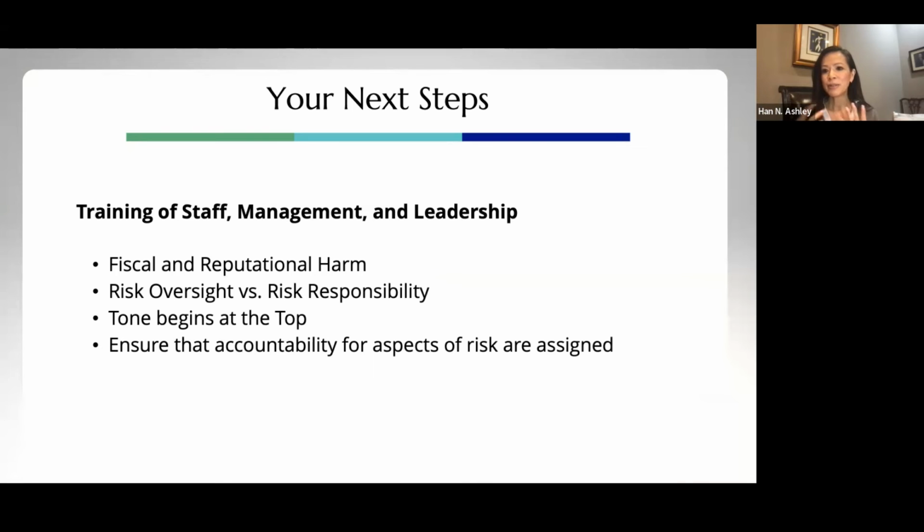So we feel that the most important part is to train everybody, your staff, your management, your leadership. Vendor acquisitions are usually conducted by different managers. And we find that sometimes managers come and go, and those contracts are lost.